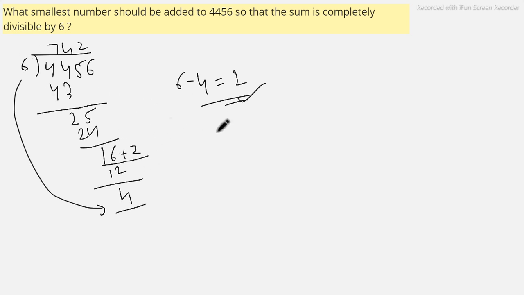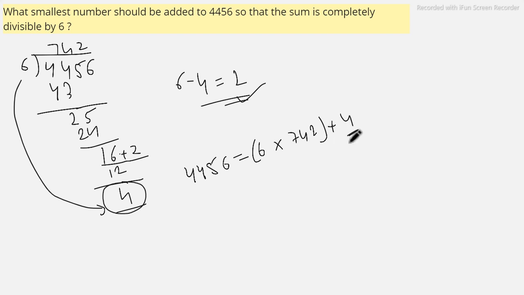On the contrary, if the question had asked what smallest number should be subtracted so that it is completely divisible by 6, then the answer would be 4. Why? Because we can write 4456 as divisor into quotient, that is 6 into 742, plus 4.